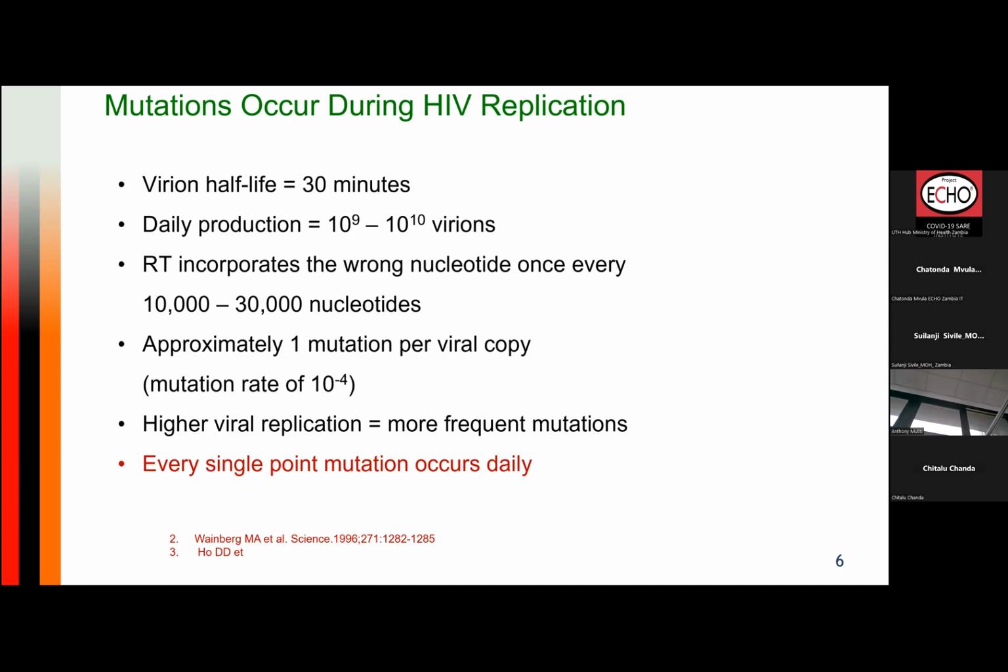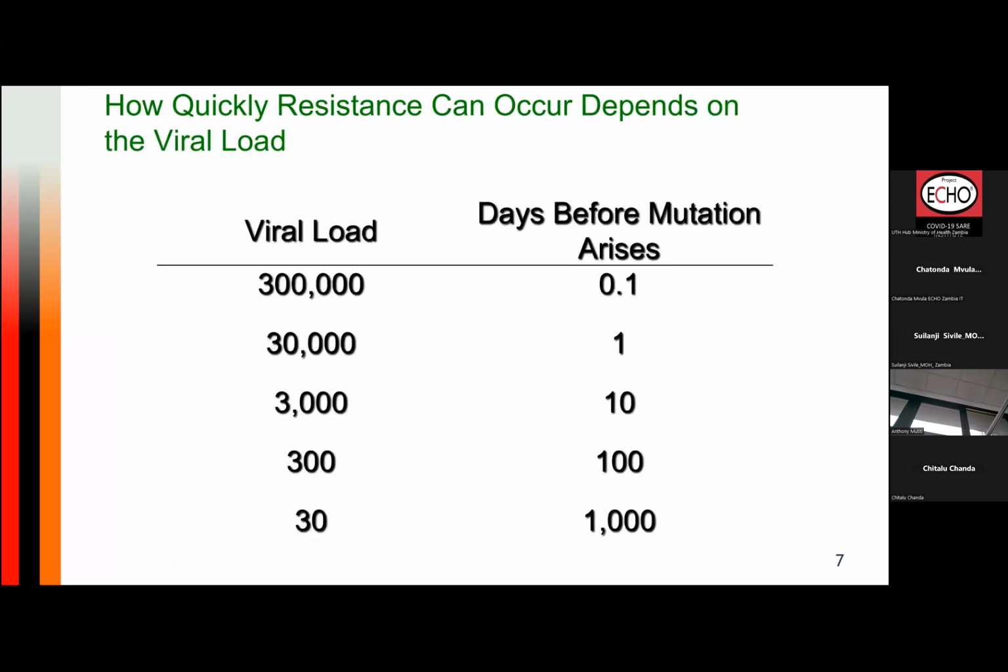So where there's a lot of replication, when the viral loads are high, the chances of having mutations tend to be very high, and sometimes these mutations will really cause resistance. That will be the so-called drug resistance mutation, and this is what you expect the frequency of a mutation to be.